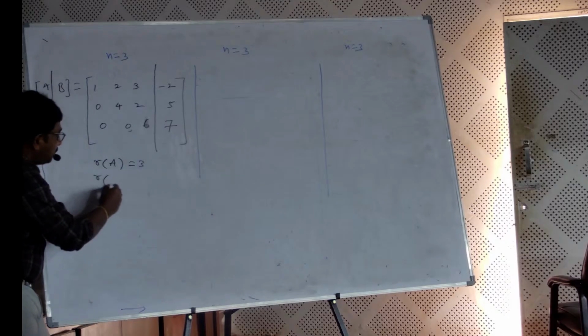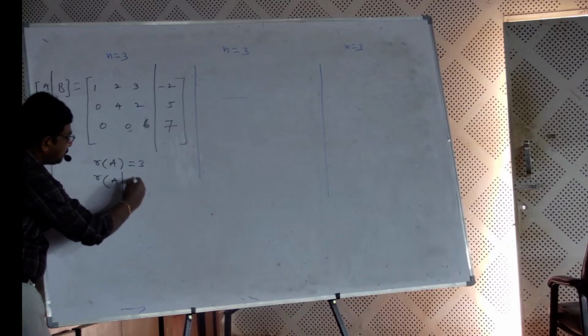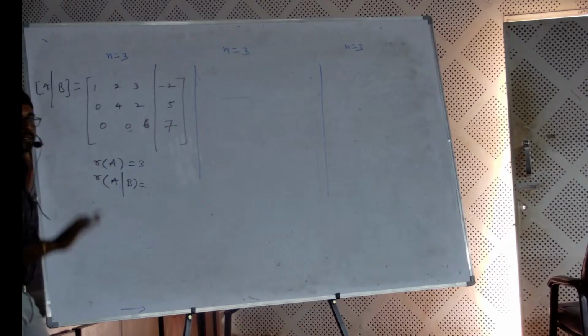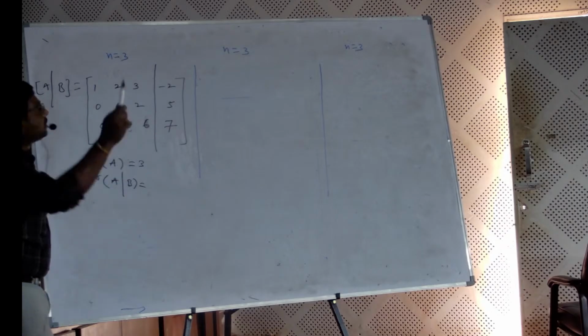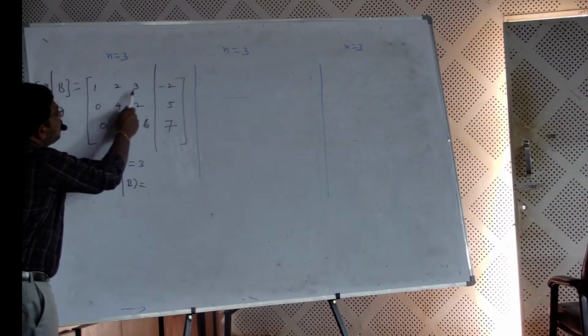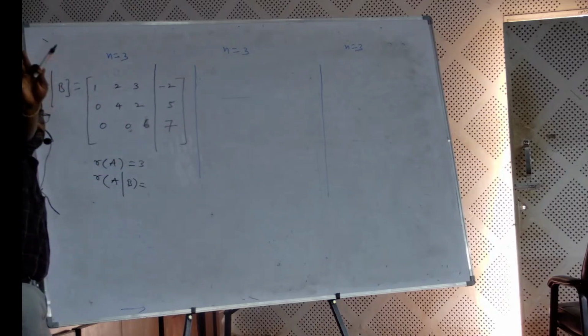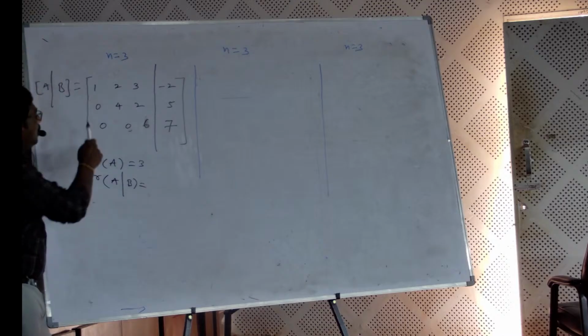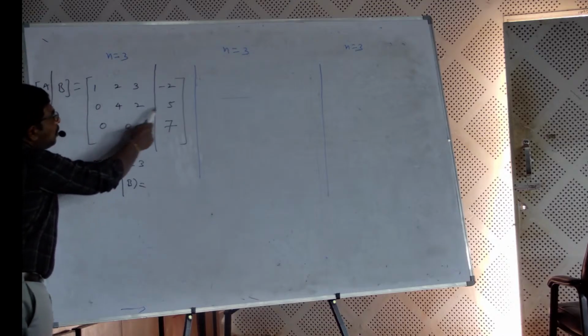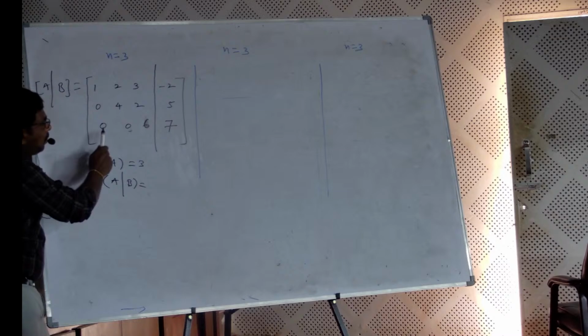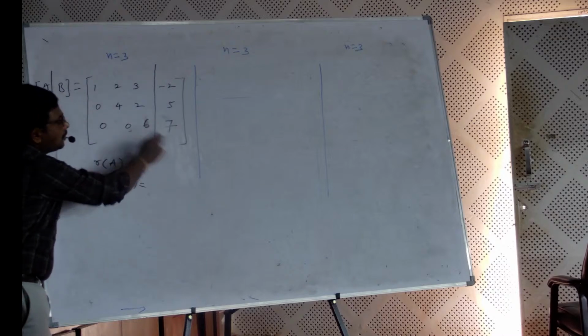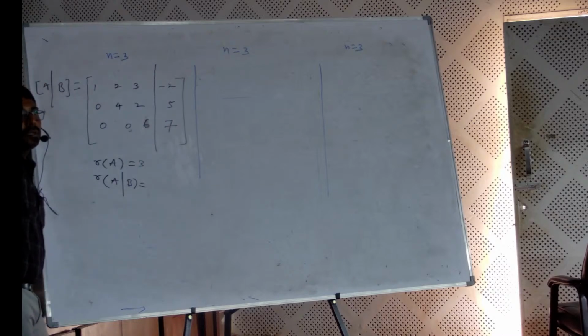Now you are observing the entire matrix. See the entire matrix. The entire matrix is also in the echelon form. What is the first non-zero row? 1 2 3 -2. Next row 0 4 2 5. Next row, all are non-zero rows.